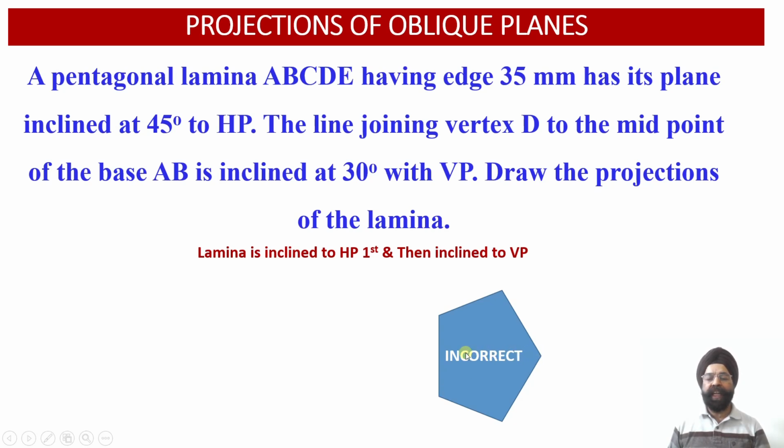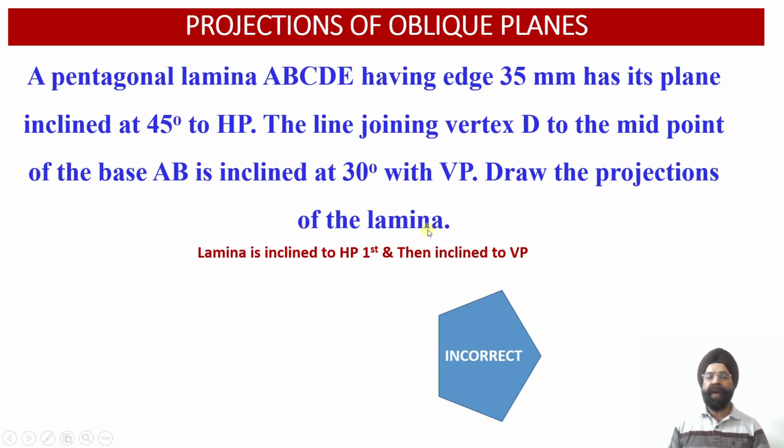So this perpendicular edge, which joins this vertex with the midpoint of the base, is inclined at an angle of 30 degree with respect to the vertical plane. So we are required to draw the orthographic projections of this particular oblique lamina.